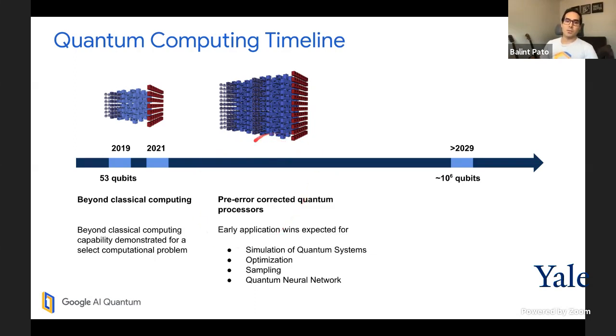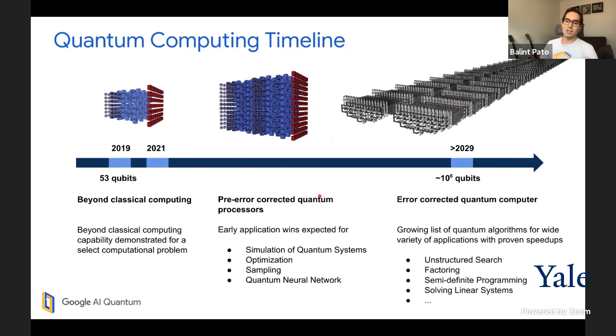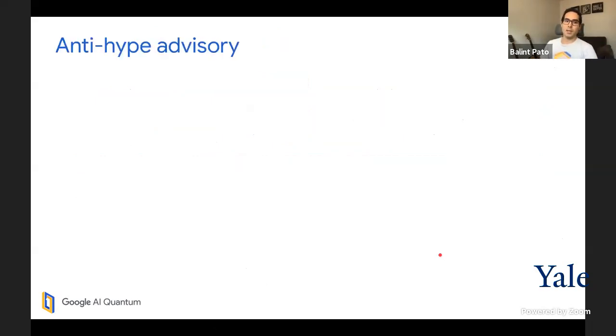We are looking into early applications like simulation, optimization, sampling, and quantum neural networks in these early NISQ era devices. And then probably in 10 years, we'll get to the error-corrected quantum computer, which will unlock things like unstructured search with Grover's algorithm or factoring with Shor's algorithm, and so on and so forth.